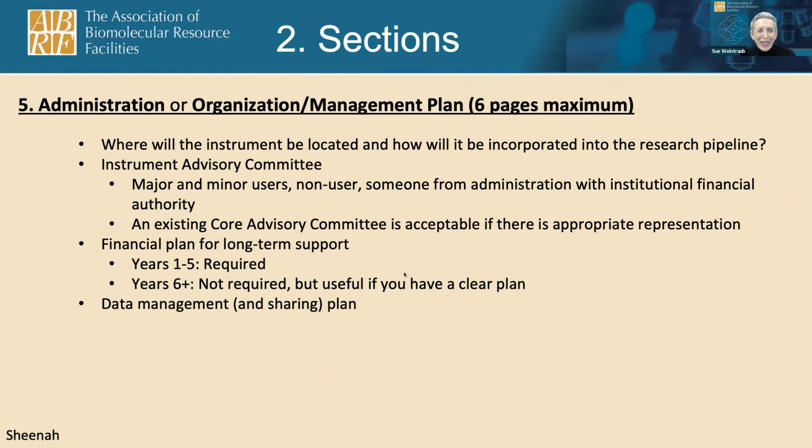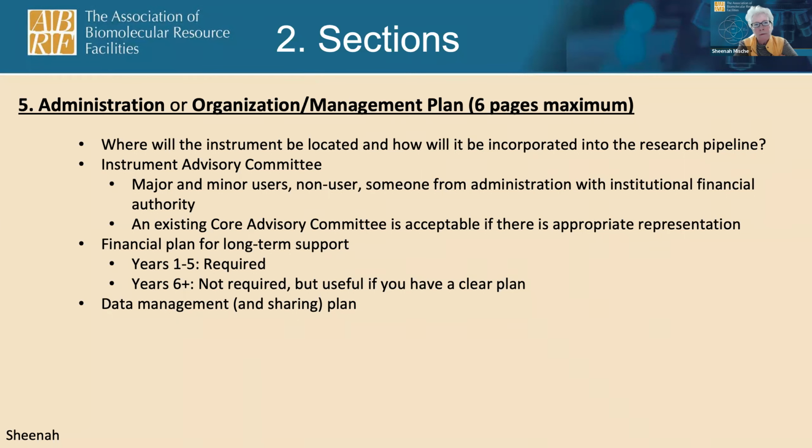Okay, Sheena, your turn. Okay. So this is the administration or organization management plan section. You're limited to 6 pages, but the important thing is to convey the institutional support.